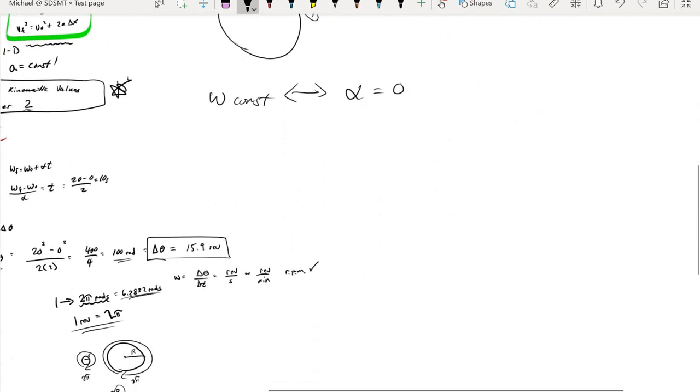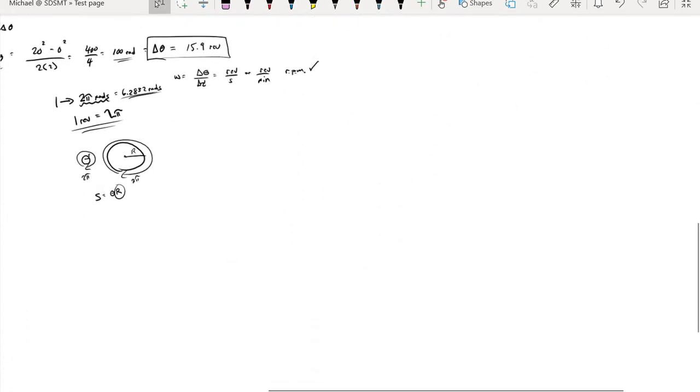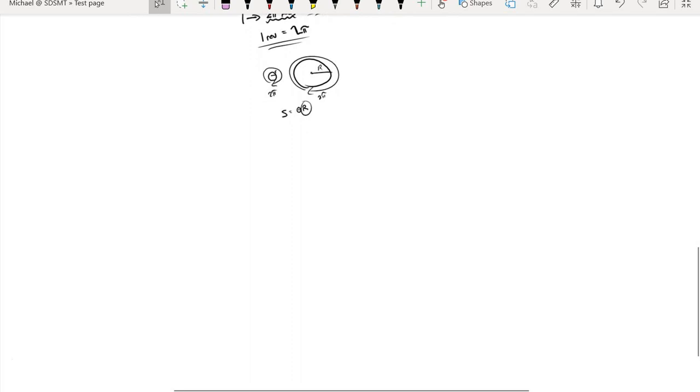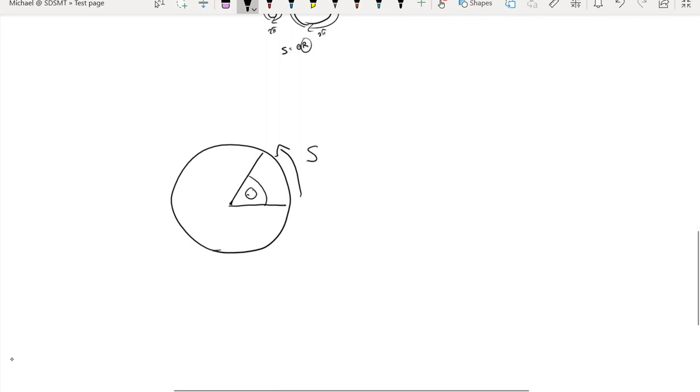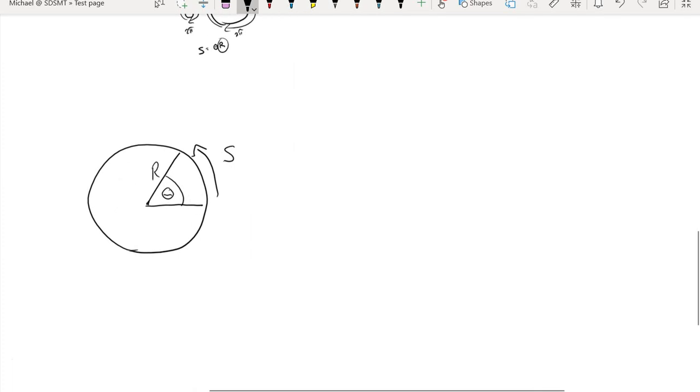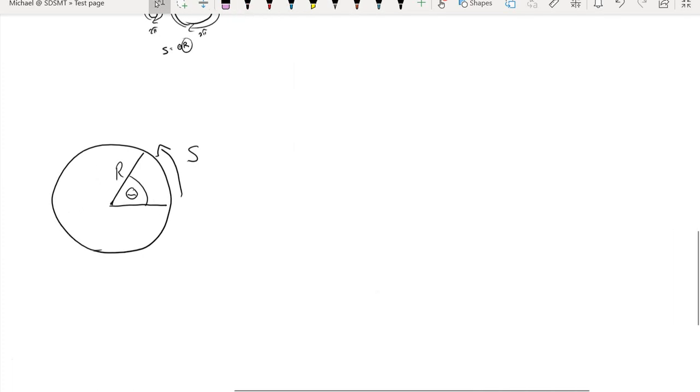Now, before we end this video, there is one more thing that I want to comment on. And this goes back to the idea that the arc length, S, is related to our angular displacement and the size of the wheel.